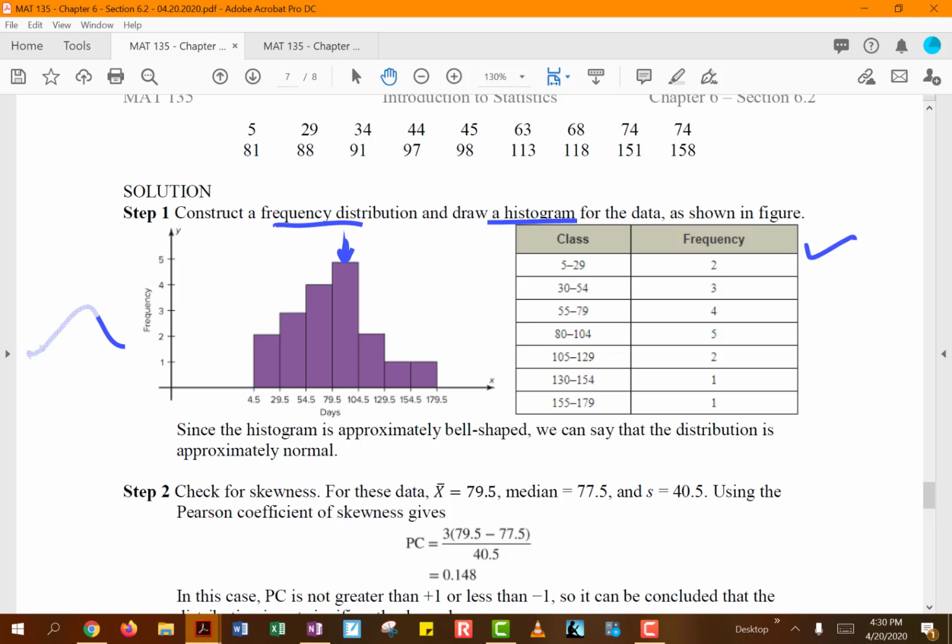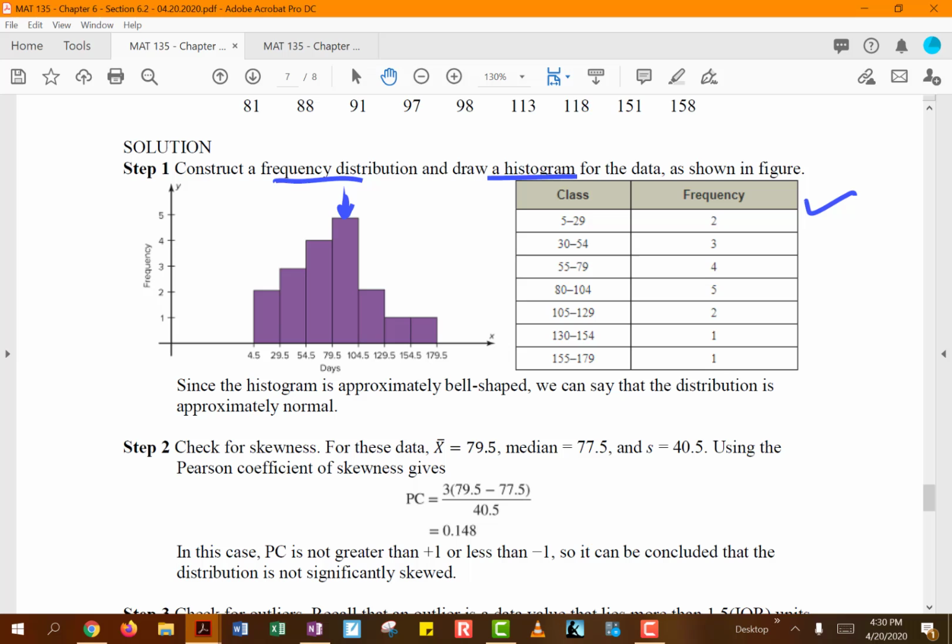So even though it may not be a perfectly symmetric histogram, we can actually say that it is approximately bell-shaped, because again, like I said, right in the middle we have the peak or the highest frequency, or our mode, whatever you want to think about it, is right in the center, and then it starts tapering a little bit off to the side.